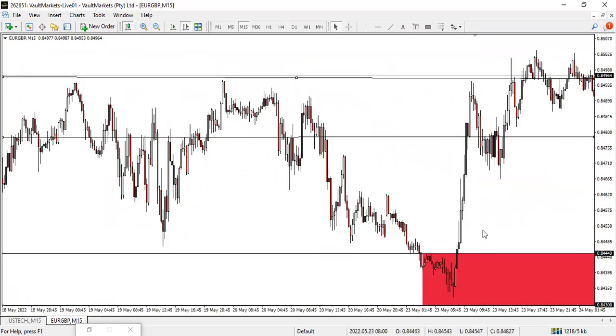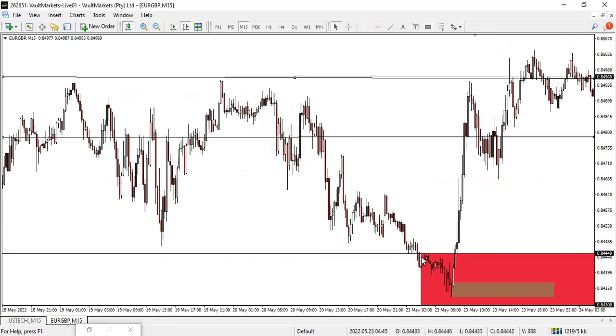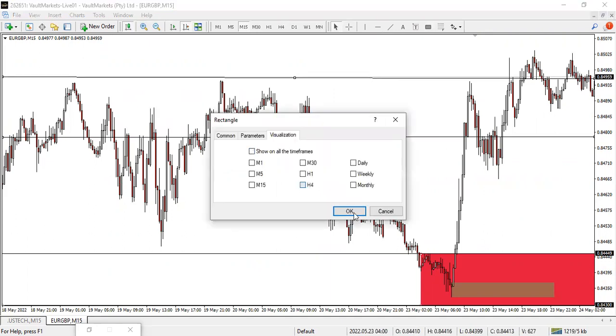Oh yes, this is where we expect an entry. And then on M15, this is where exactly we expect an entry. So this will be for H4. So we expect an entry here.